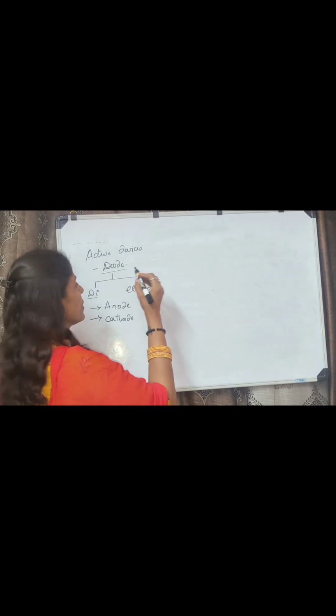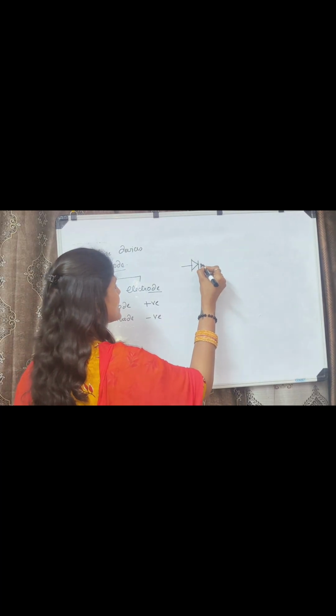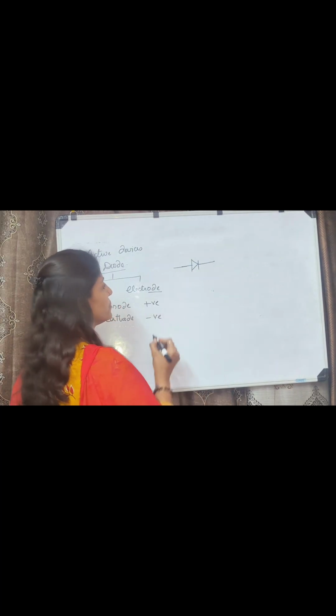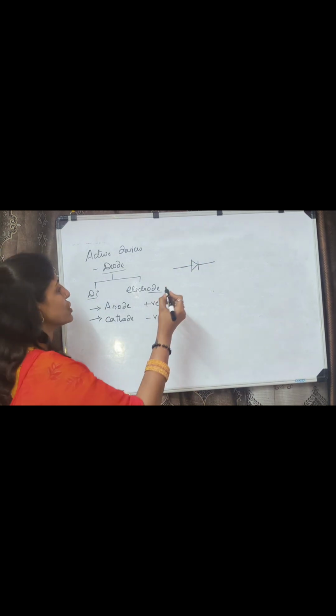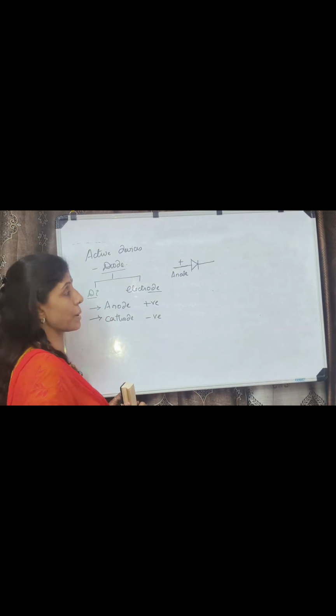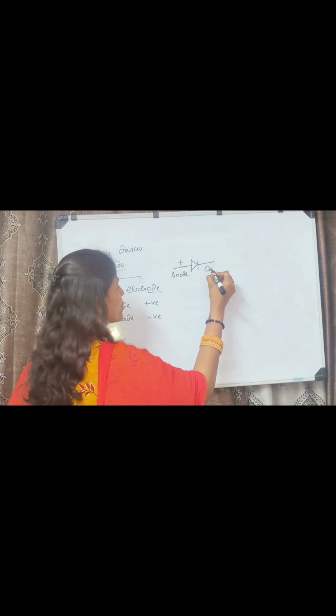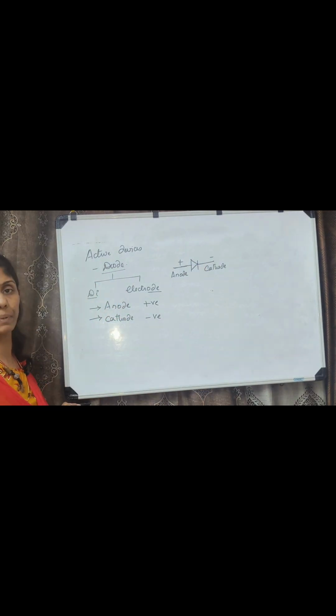Okay. For this diode, you have a particular symbol. So this is the symbol for a diode, right? It has two electrodes. This electrode is the anode, which, as I already said, is the positive representation. This electrode is the cathode, which is the negative representation.